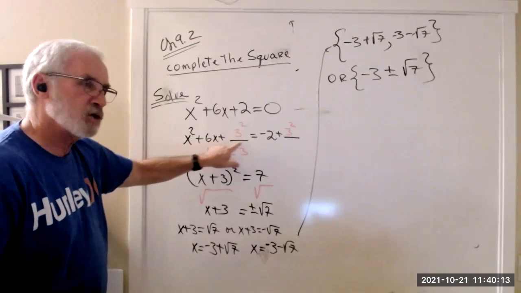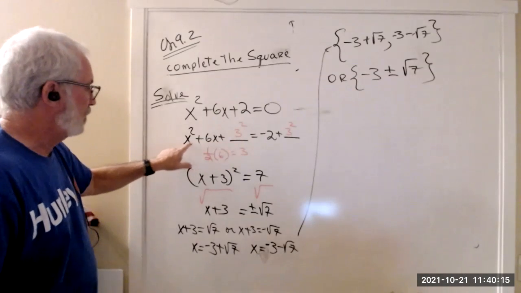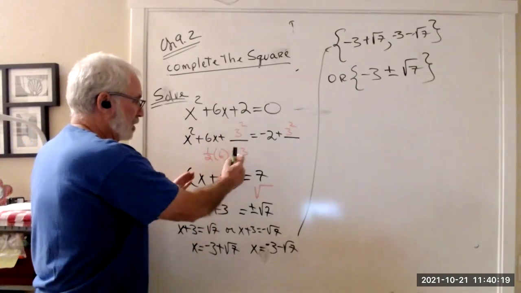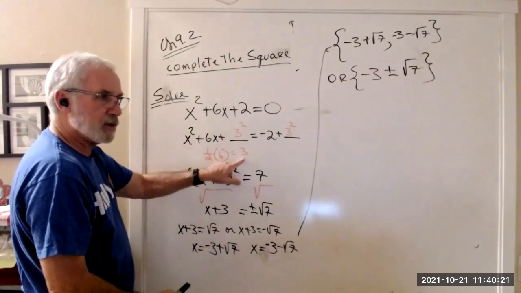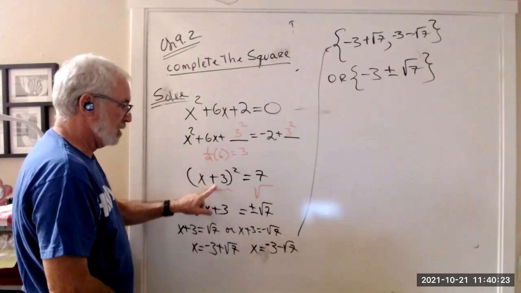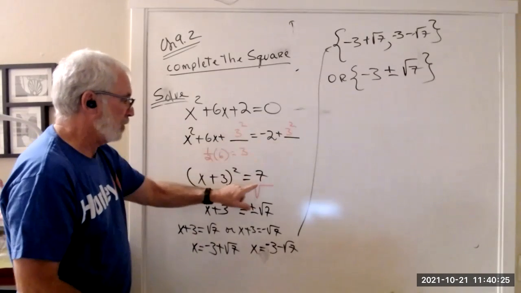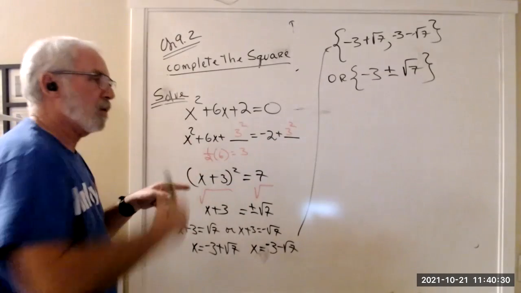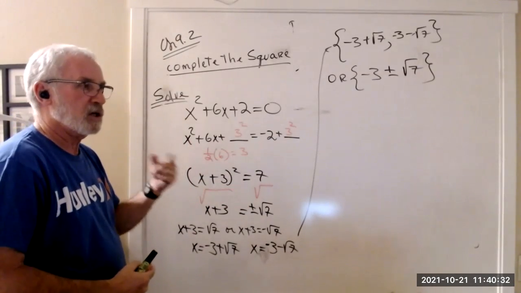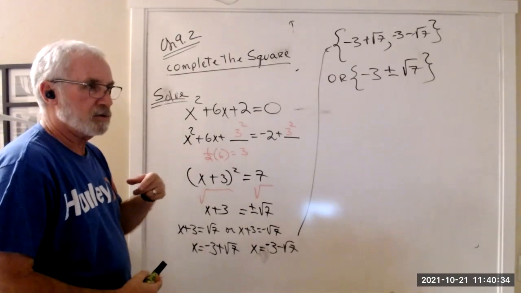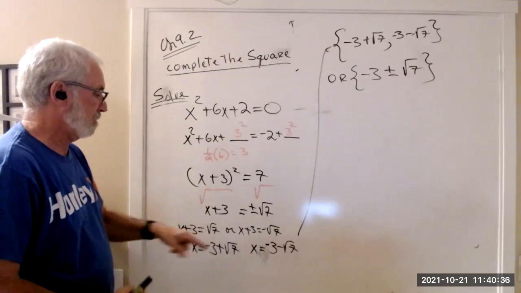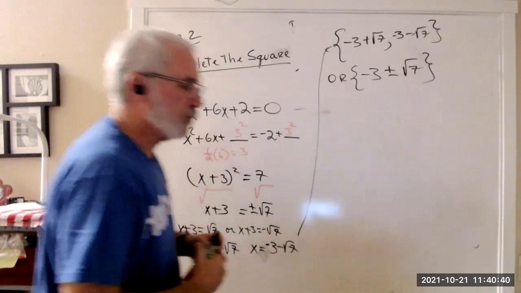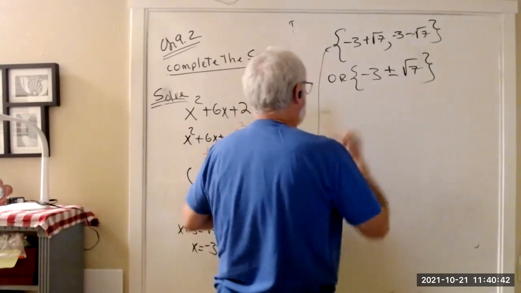If life is good and I haven't screwed up, the left-hand side will factor as x plus 3. That 3 is positive, x plus 3. That side will become 7. And now we're going back to what we just finished in 9.1, the square root property. Before you ask questions, let me just do a whole nother problem.